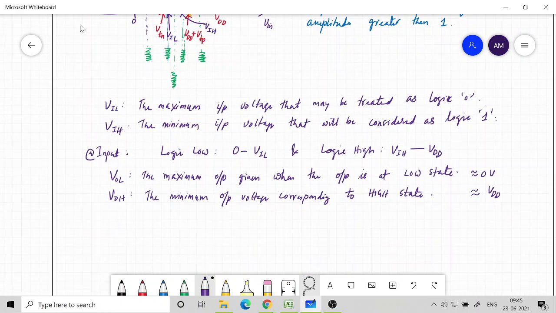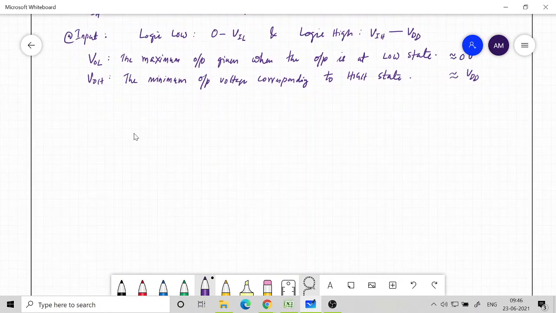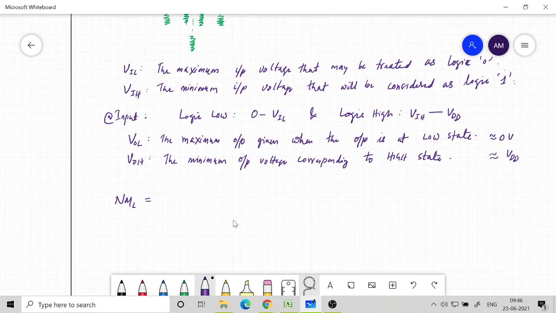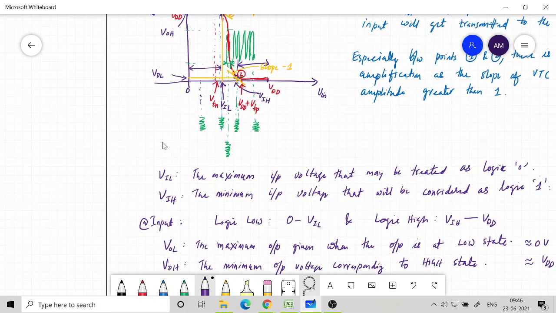So now we can define what is called noise margin. Noise margin for low state is defined as how much noise we can tolerate. So how do we define it?